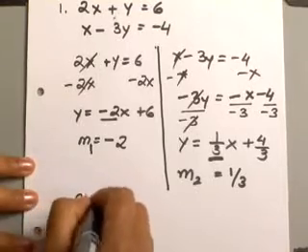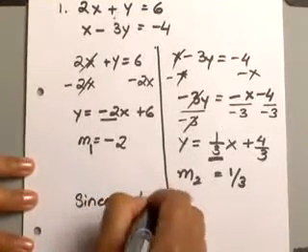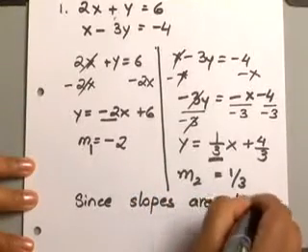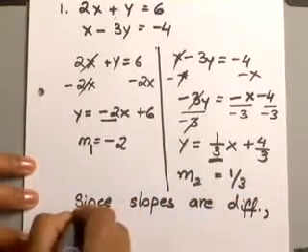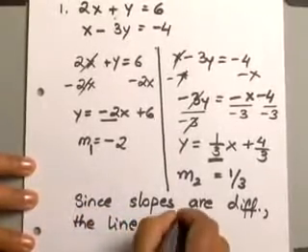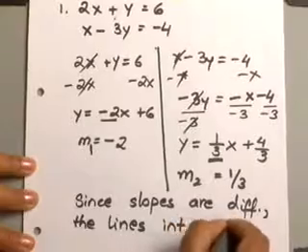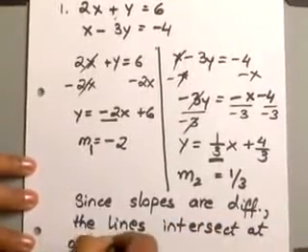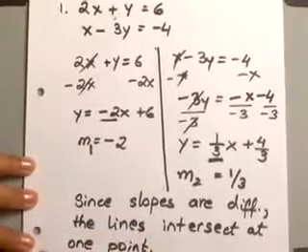Since your slopes are different, the lines will intersect at just one point.